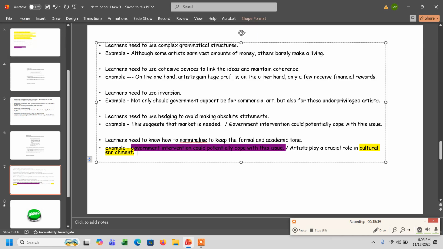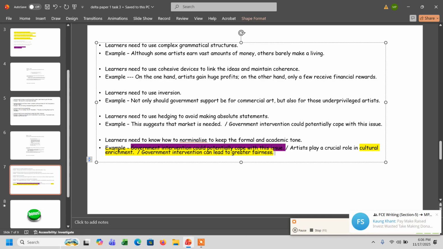Okay, so what am I thinking? Like government intervention can lead to greater fairness.